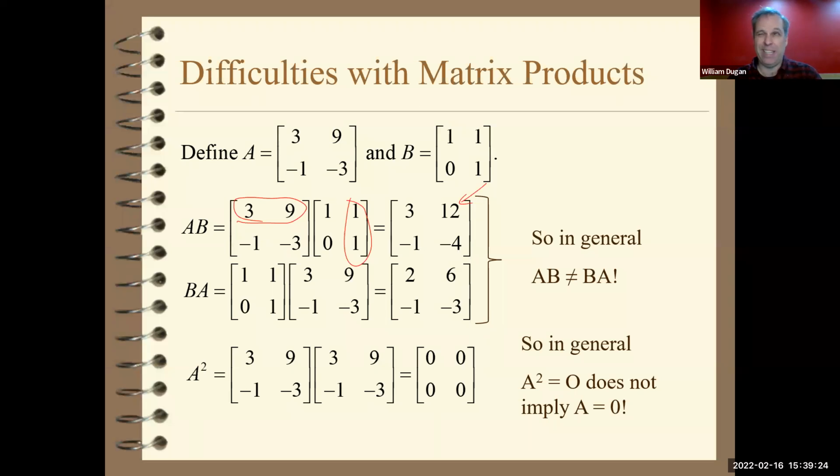If we ever have a polynomial matrix equation, you can't just factor it, and then since the product of the factors equals 0, say that one of the factors must be 0, because that's not true. It's possible to get a bunch of matrices that are not 0, and yet their product is 0. That means all the normal techniques you learned for factoring and solving polynomial equations will not work with matrices.